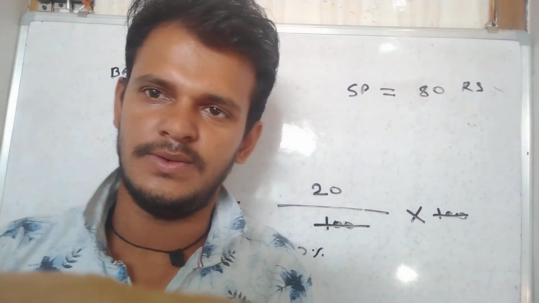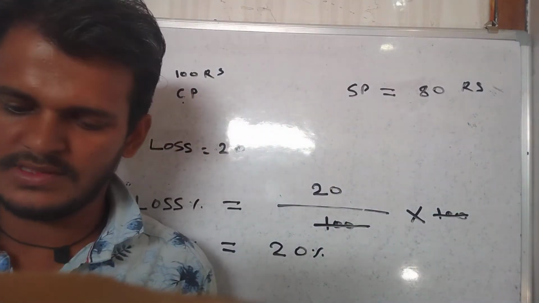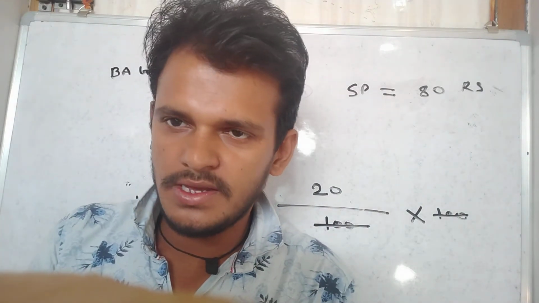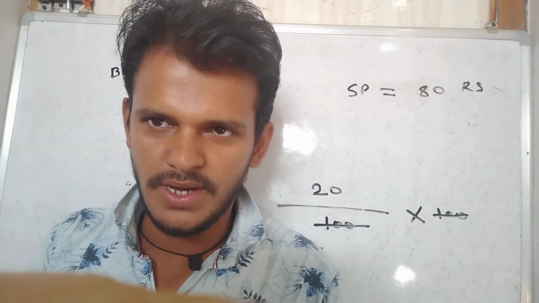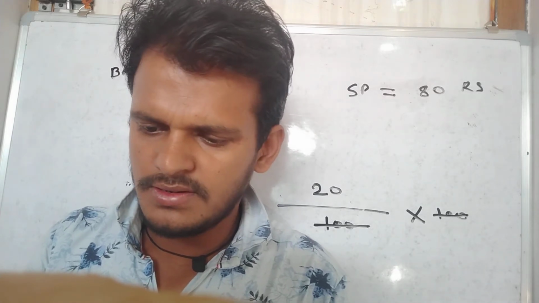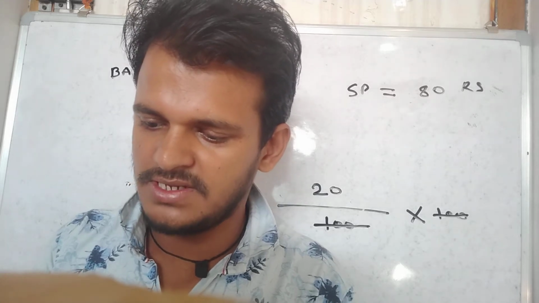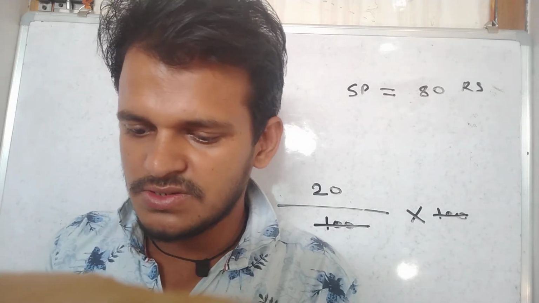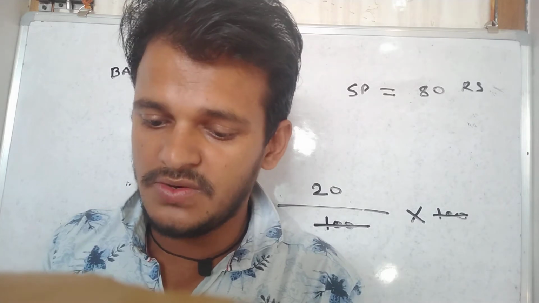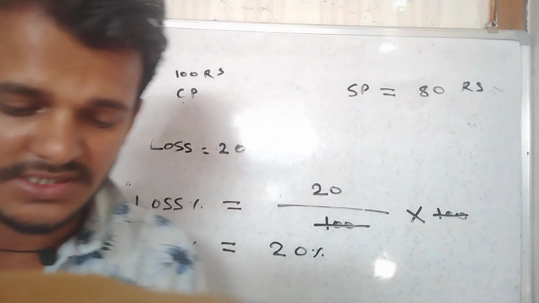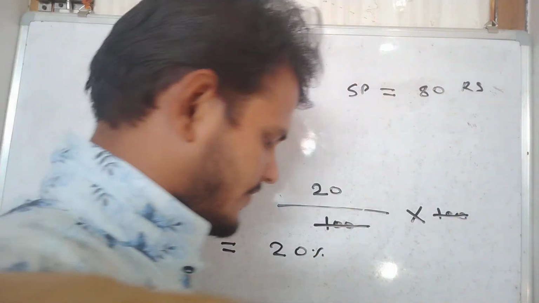Question number 1. A person buys a book for Rs 200 and sells it for Rs 225. What will be his gain percent?